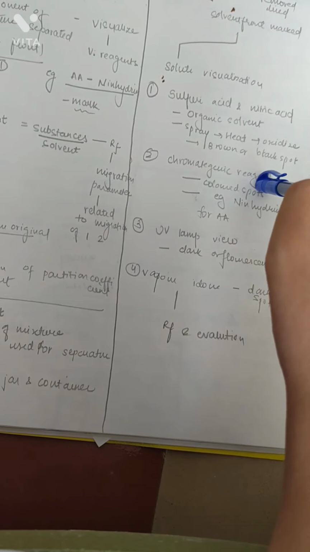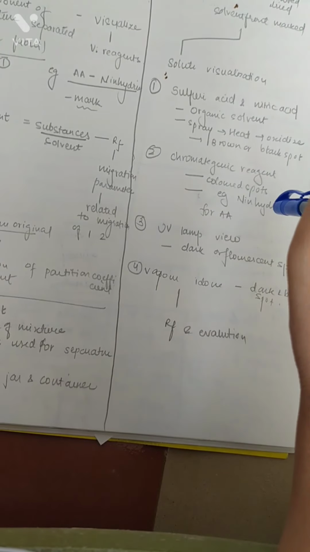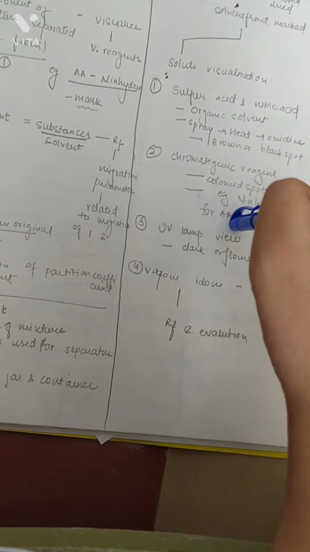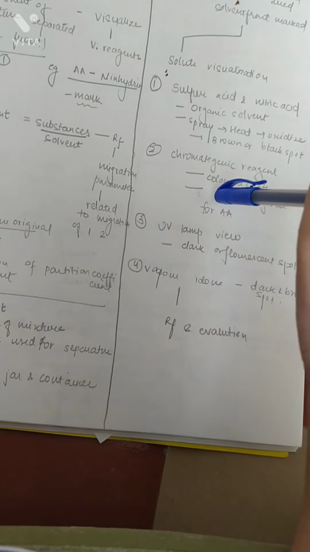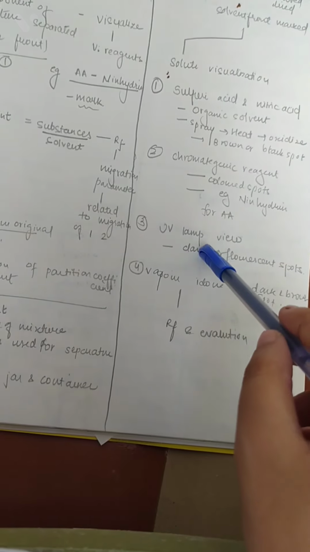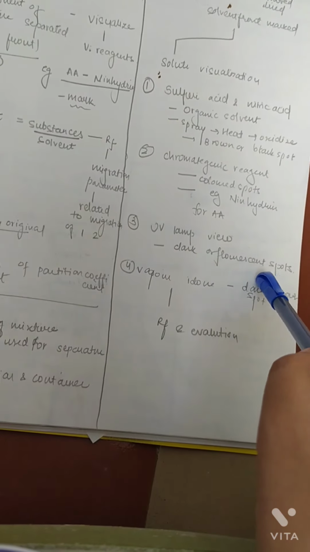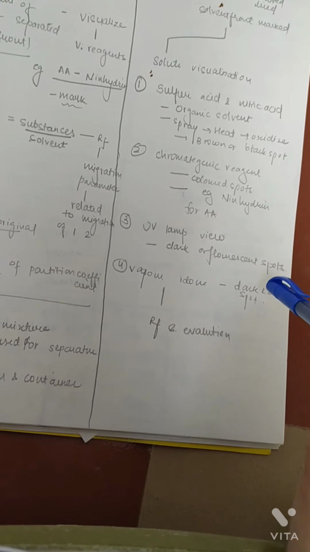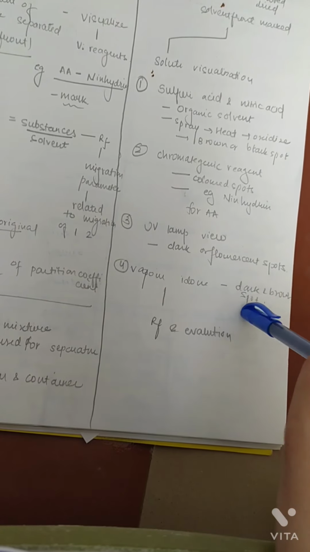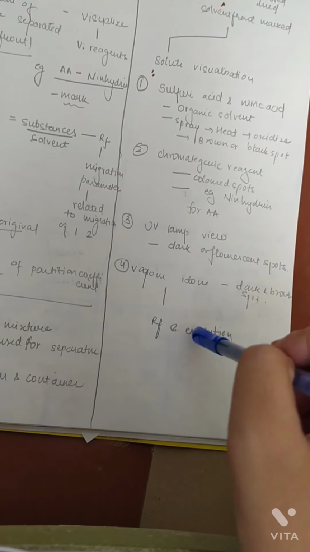With a chromogenic reagent, colored spots are observed, for example amino acids with ninhydrin. Another is the UV lamp view, which shows dark or fluorescent spots. Another is iodine vapor, which gives dark and brown spots. After that the RF evaluation is done.